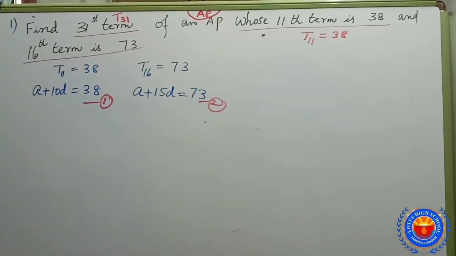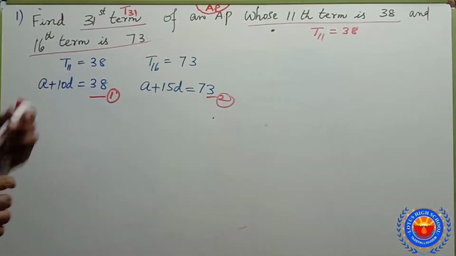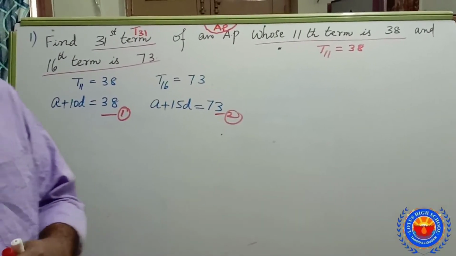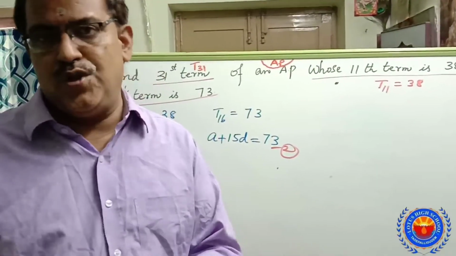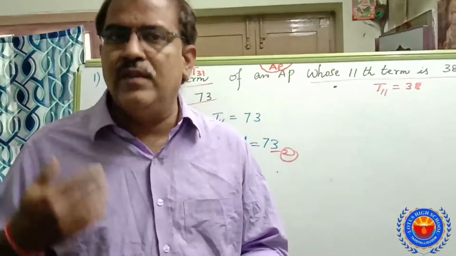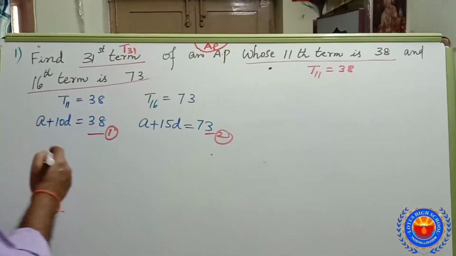Now we got a pair of linear equations in two variables. The variables are a and d. Now I am going to solve these two equations by using elimination or substitution. Elimination is convenient, so I am solving these two by using the elimination method.